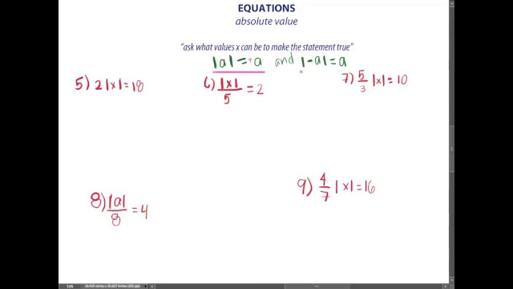And when you put in a negative number inside an absolute value, you also end up with a positive. So no matter what, you're always going to have a positive answer when you plug in any kind of positive or negative number into an absolute value. So it doesn't matter what the number is, okay?